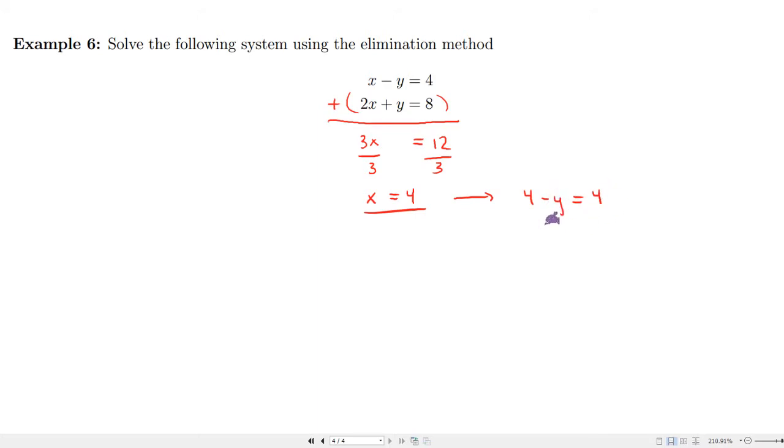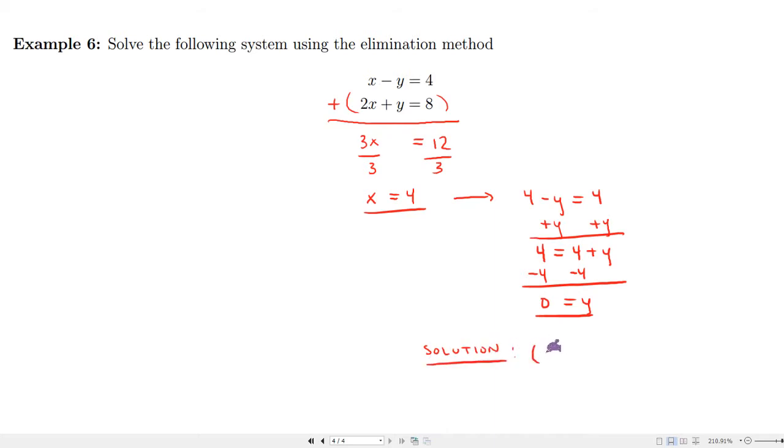So then adding y over and subtracting the 4, we have y is 0. So that's our solution. So the solution is (4, 0). So sometimes the elimination method can be quite quick, right, instead of substituting.